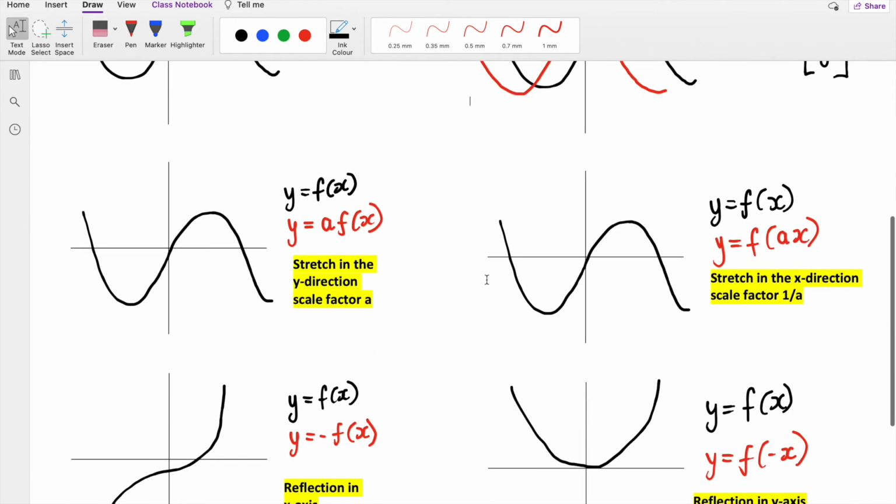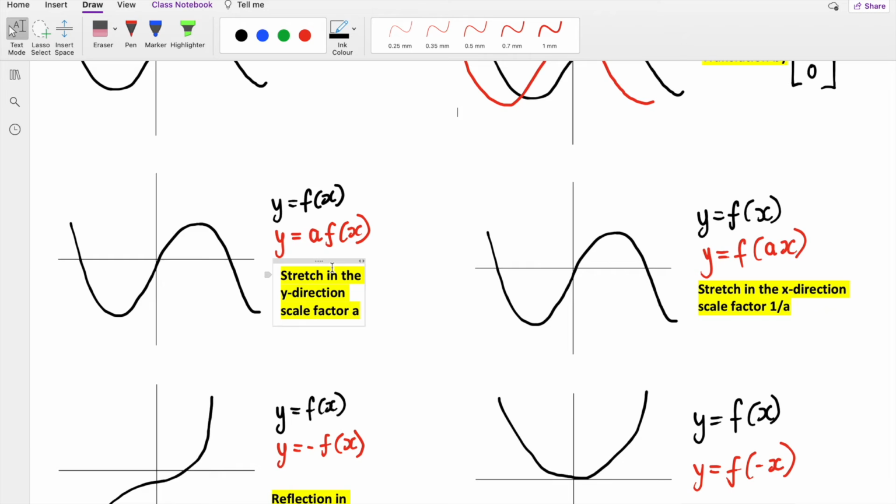What about if we do a stretch? So we are multiplying the function by a constant a. As you can see on the left hand side, I've got the function y equals f of x. If I multiply the whole function by a, that's going to be a stretch in the y direction with a scale factor of a. Now this is only going to affect your y values.